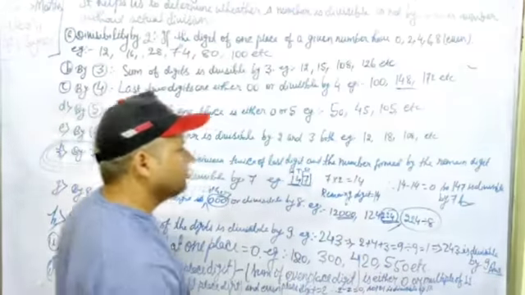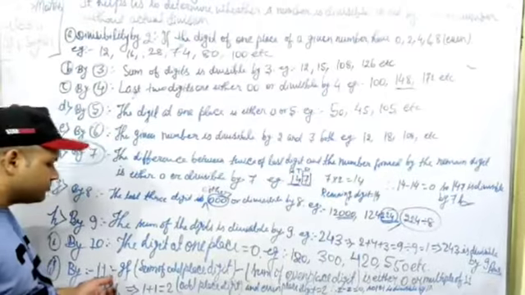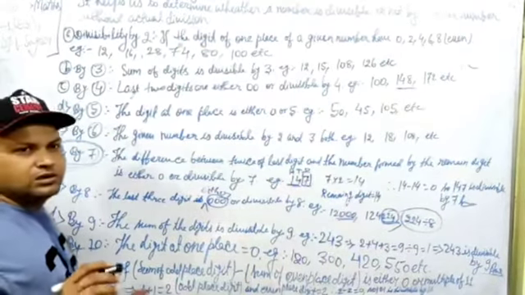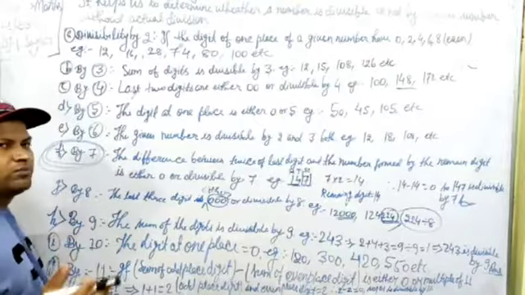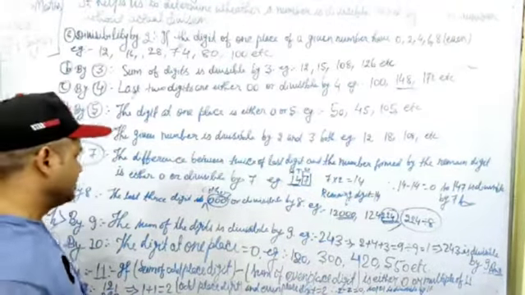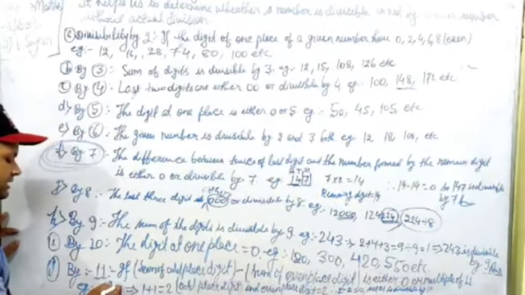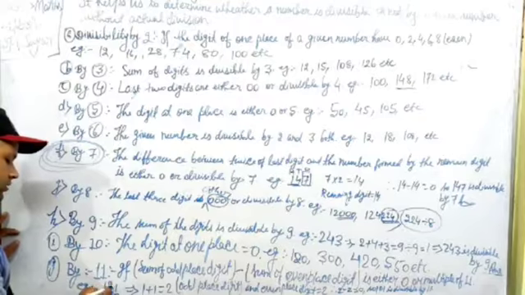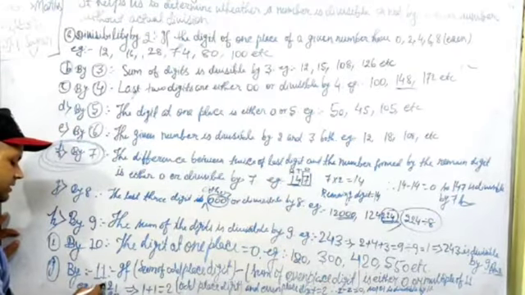Now let us come to the last one, the divisibility rule of 11. In this rule, you first decide the odd places digits and the even places digits. For example, 121. Here the places are 1, 2, 3: the first is odd, the second is even, the third is odd.